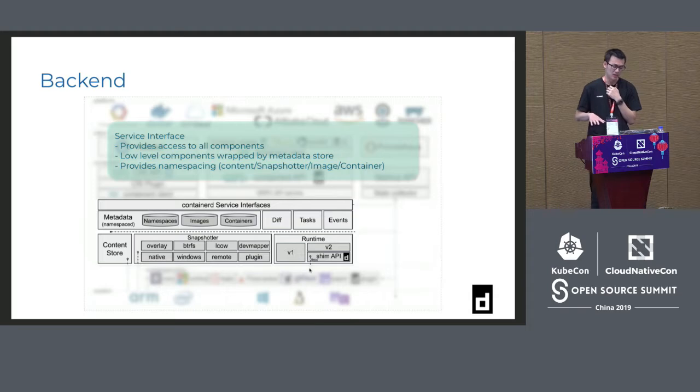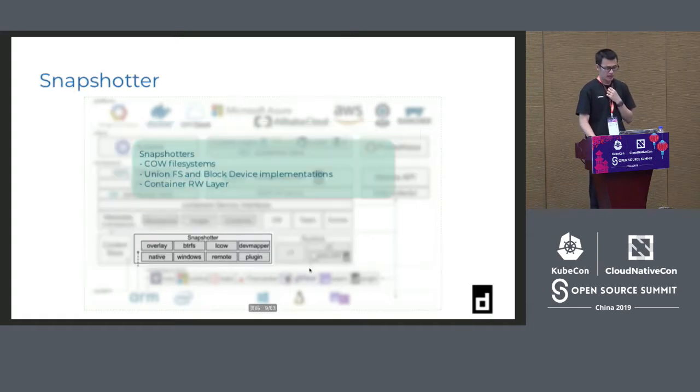These modules can maintain some low-level resources, for example, storage format, such as overlay. It can also do namespacing. It allows different clients to use the same containerd, because they have different namespaces, they are separated. In addition, containerd also has a very important function, snapshotter.